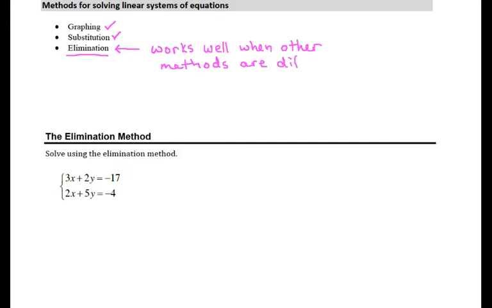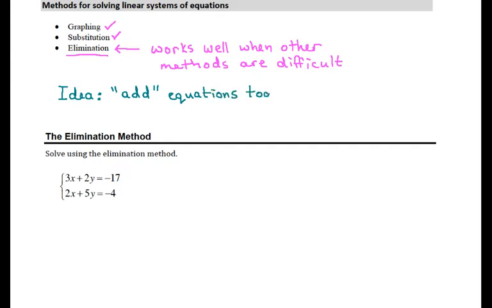The idea behind the elimination method is that it's okay to add the two equations together. That is what we call adding equations together. But we don't just add them together the way they first appear.